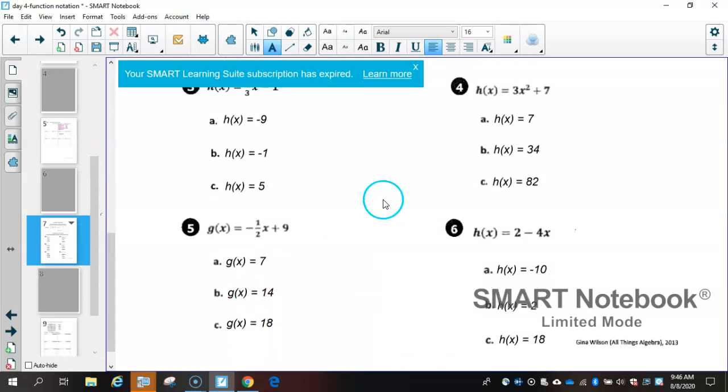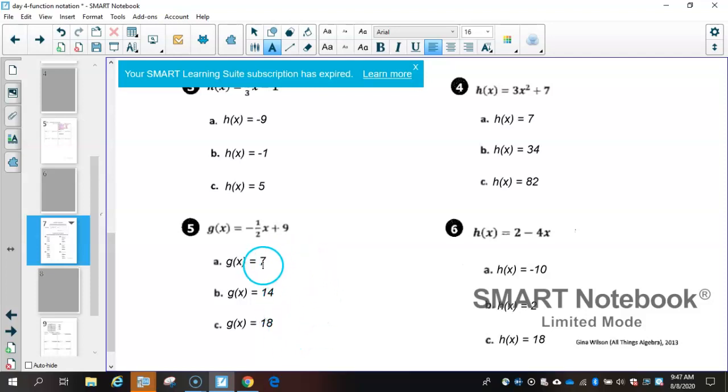So now if you are looking at these examples, these say g of x, h of x equals some number instead of g of some number. So this is saying this is the value of y, and we need to find x.